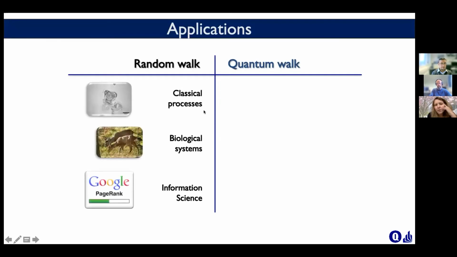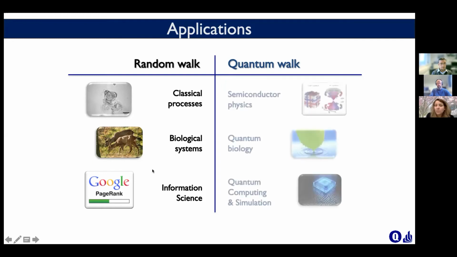Well, the random walk is used in classical computation for the simulation of all kinds of things: classical processes like Brownian motion, biological systems. In information science, the Google search algorithm is based on a random walk. Going to superpositions is one way we get these random walk algorithms over to the quantum side.